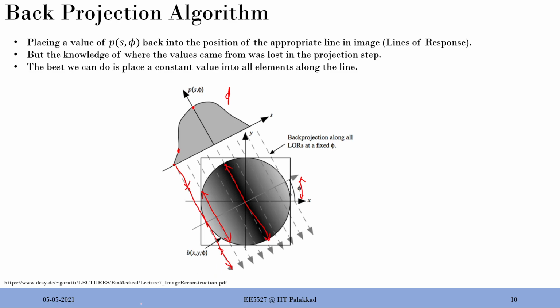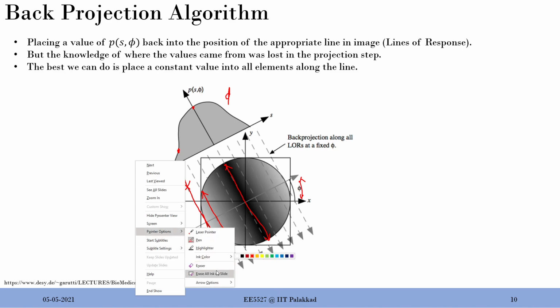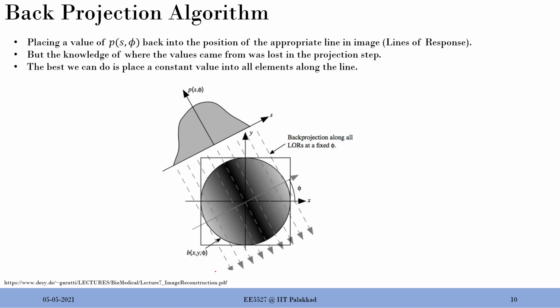You might have noticed that we are talking about shadow imaging, so there is a sort of inversion of the values that you project back. So the idea is, back projection means you take a p of s comma phi value, and that value is projected throughout, along a line kept at that angle in the original image.